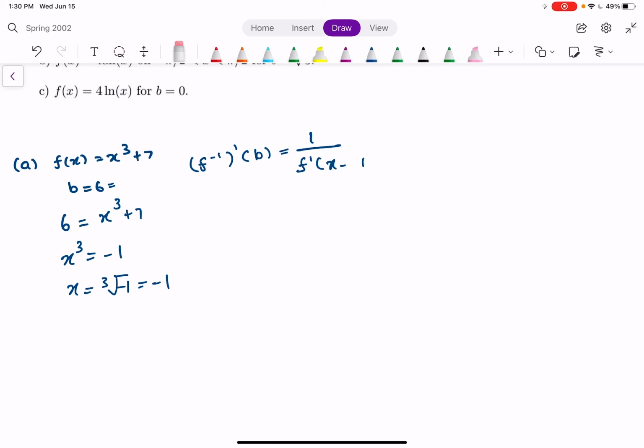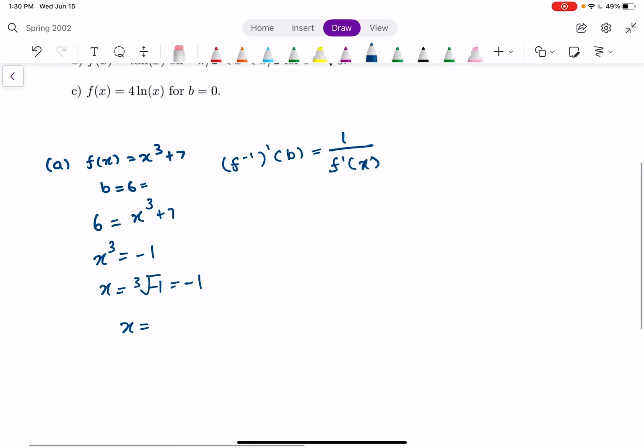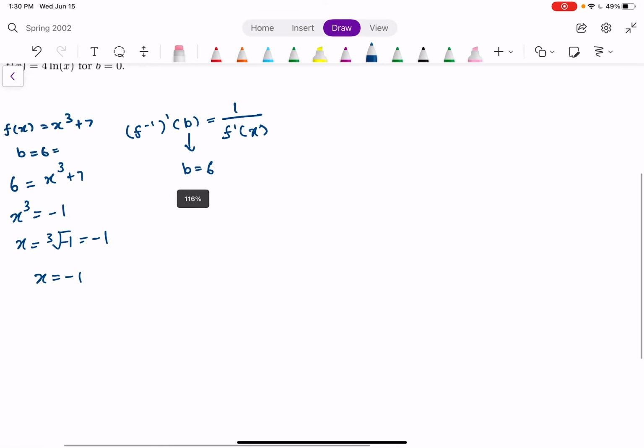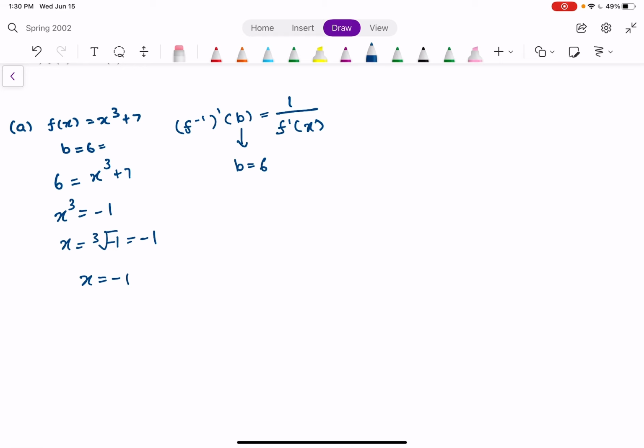We can take out the -1 for now because we're just writing the equation down. So let's rewrite x equals -1 over here. In our case, we know that b equals 6 from the problem above. So to find f inverse prime of 6, that equals 1 over f prime of x, which is -1, so f prime of -1.